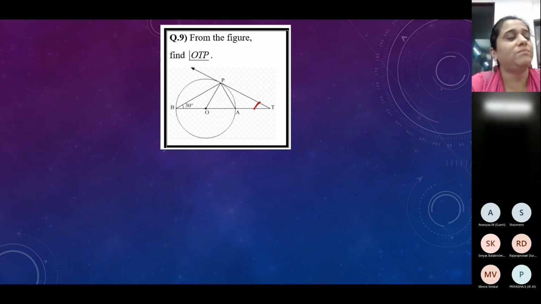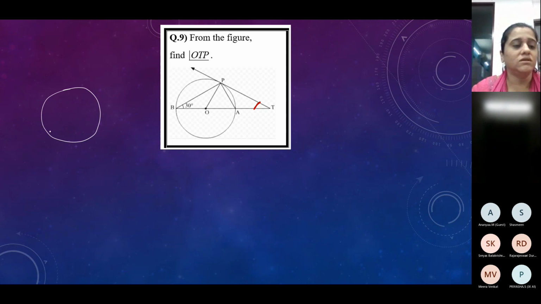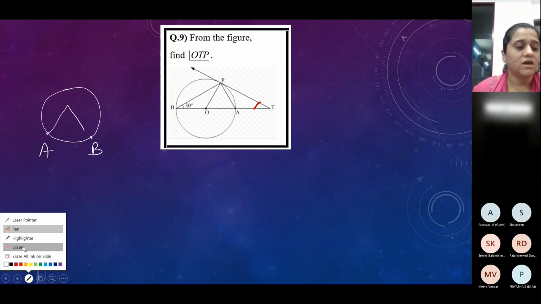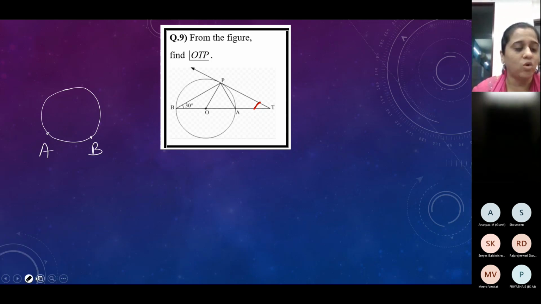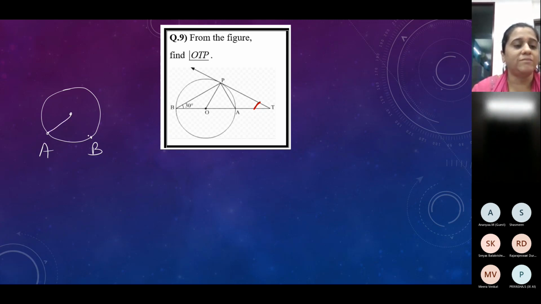The angle subtended by an arc at the center. We have seen this in standard 9. Circle, arc AB. Arc AB subtends angle AOB at the center.